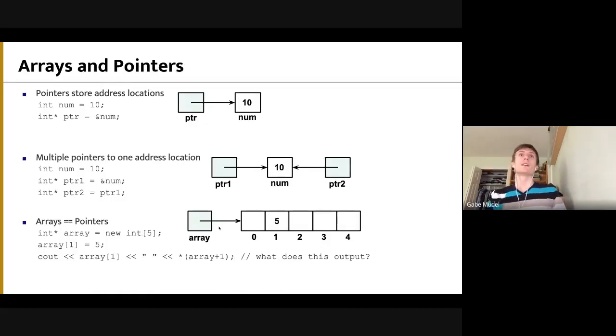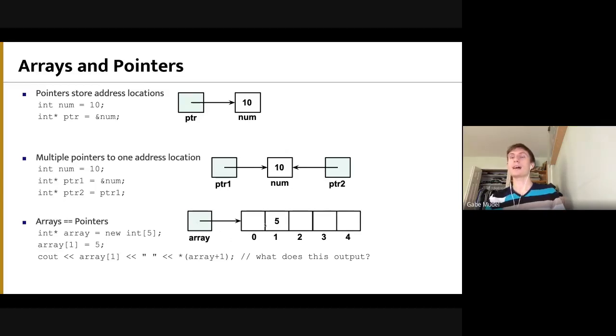Okay, so another thing is that arrays are really pointers under the hood, right? Arrays are really just a pointer to the first element. So here's an example of a pointer to an integer. We can have multiple pointers to one integer. And here's the point we're making: arrays are just a pointer to the first element.